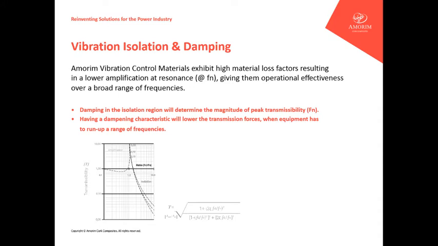The VC formulations combine the best of two worlds: insulation provided by rubber and damping provided by cork. VC material has a high loss factor, resulting in a lower amplification at resonance.